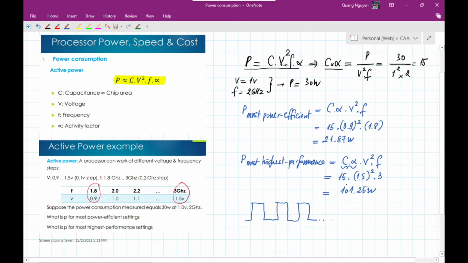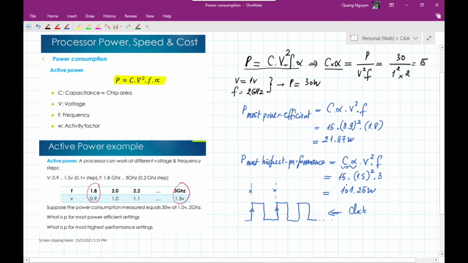We call this the clock. This signal, when fed into the circuit, makes all the elements in the circuit work at the same time, right? And normally the circuit elements work at the up edge of the signal.